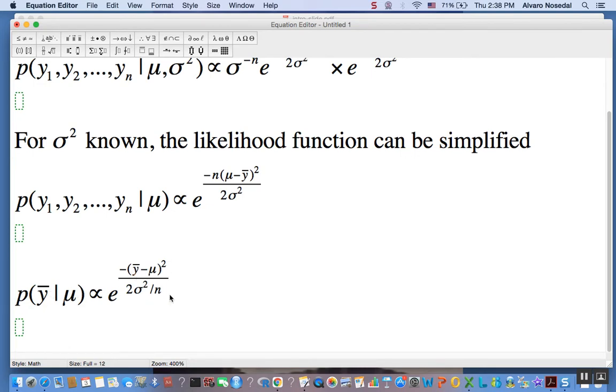So to evaluate the likelihood of an entire sample, all we have to do is evaluate a normal with mean mu and variance sigma squared divided by n at the point y bar, the sample mean. Okay, now we are ready to start discussing the example where we use a discrete prior.